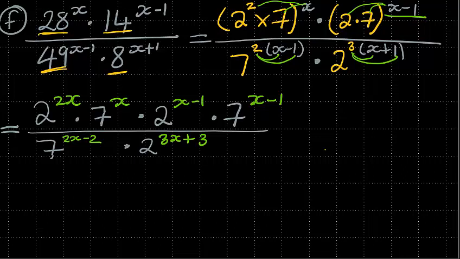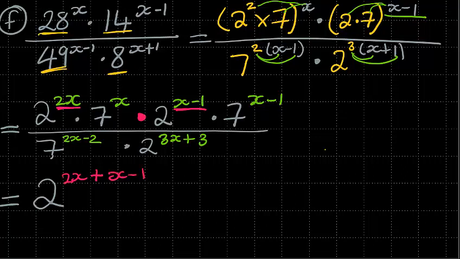Now that I've got my bases right and all of my bases have their own exponents, I can deal with the same bases and the exponents. So my first base is going to be 2. And I am going to start with 2x. That's that one. And since I'm multiplying, I'm going to add that one, x minus 1.